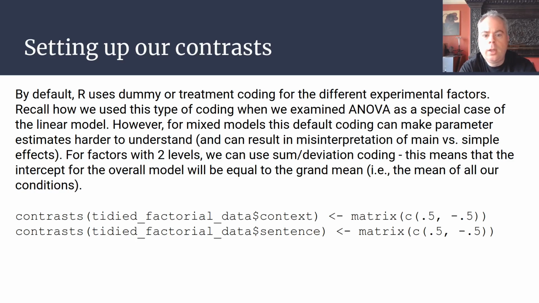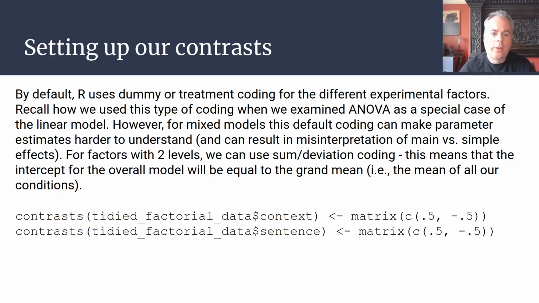default, codes our factors using dummy or treatment coding. So if you recall back to the ANOVA lectures, and when we were looking at ANOVA as a special case of regression in the context of the linear model, we actually used this kind of dummy or treatment coding to build that model, where one level of our experimental factor basically acts as the intercept of our linear model that we're building.